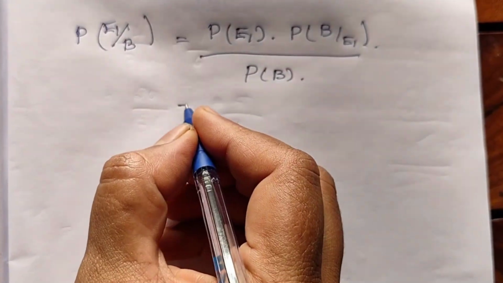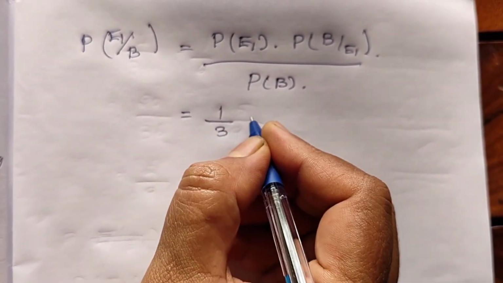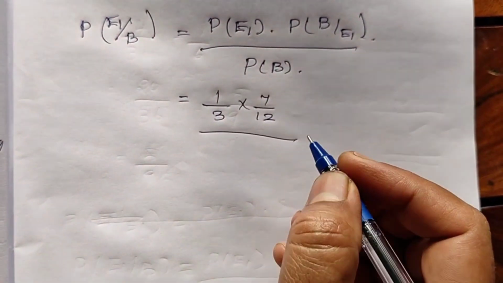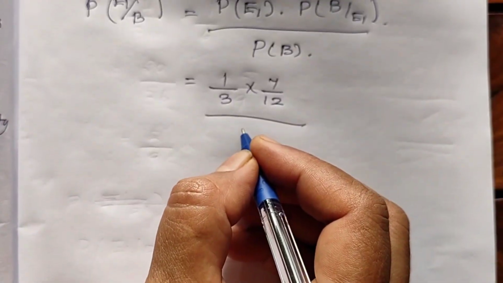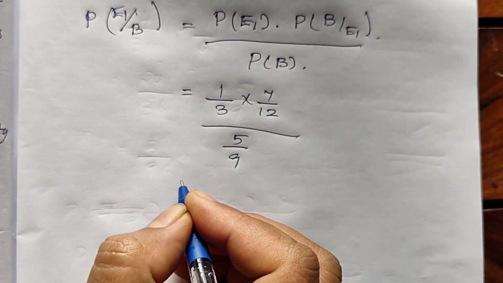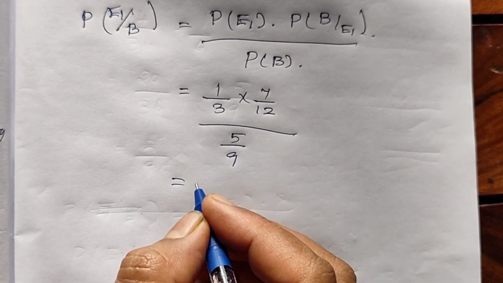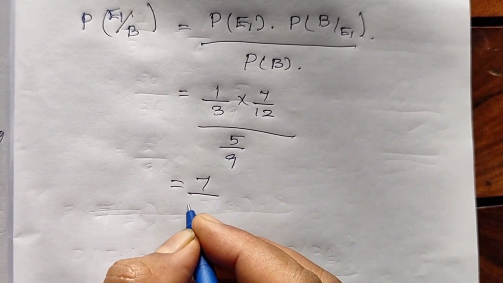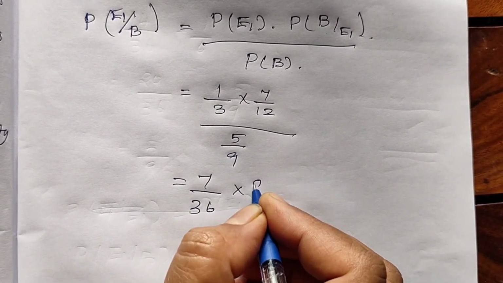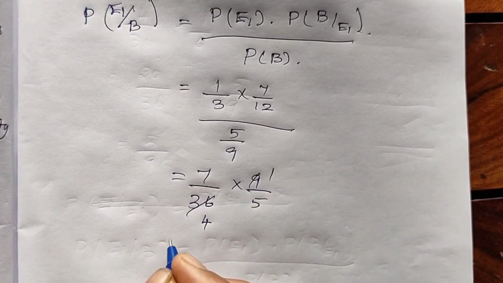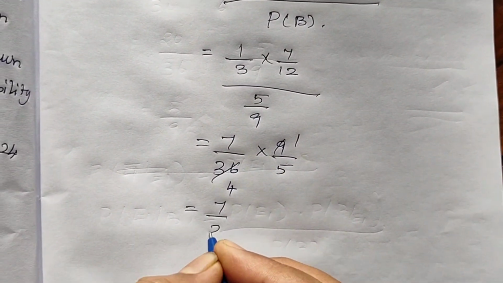P of E1 is 1 by 3, P of B by E1 is 7 by 12, divided by the total probability, 5 by 9. So that is 7 by 36 into 9 by 5. 4 9s are 36, so the answer is 7 by 20.